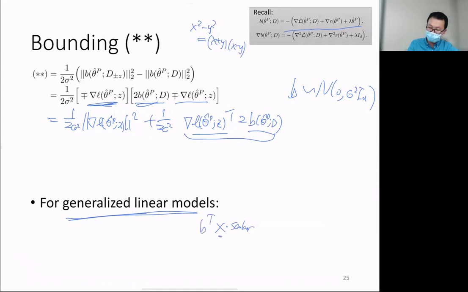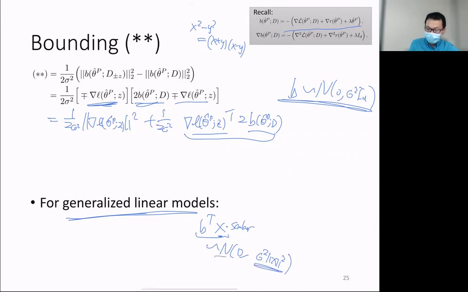Then x is fixed relative to this normal vector. Therefore, b transpose x is actually drawn from a univariate normal distribution multiplied with the norm of x.